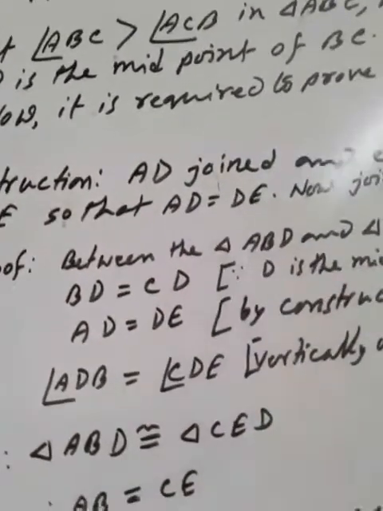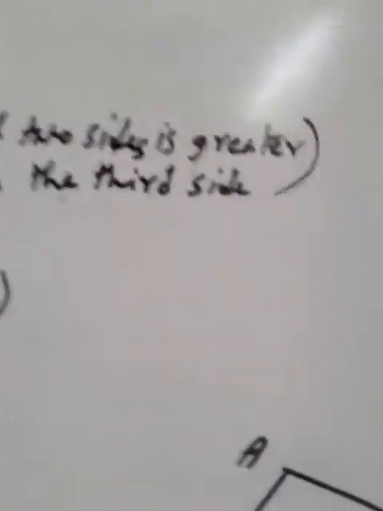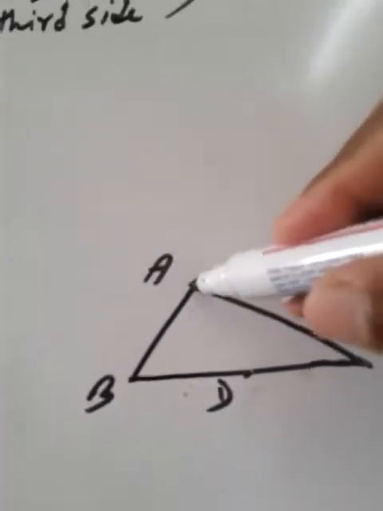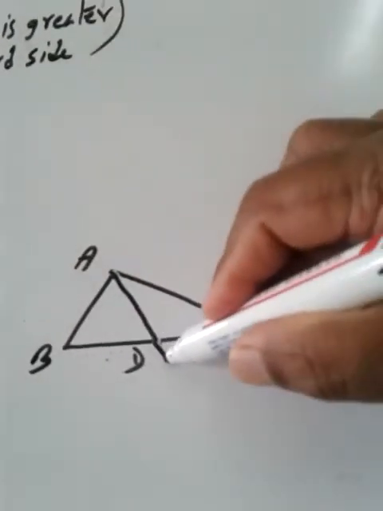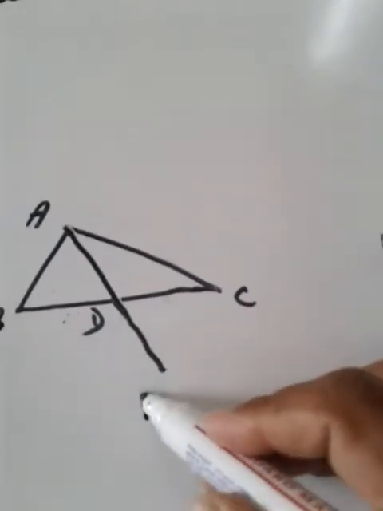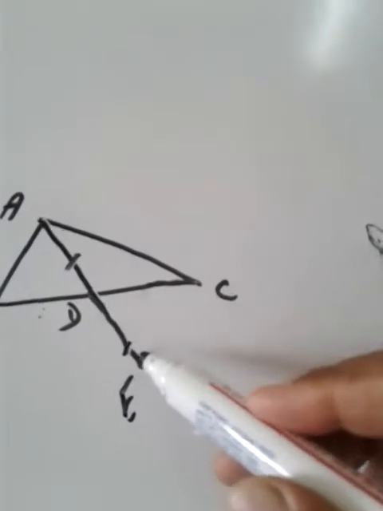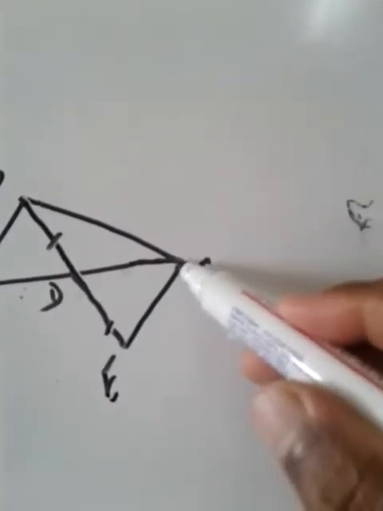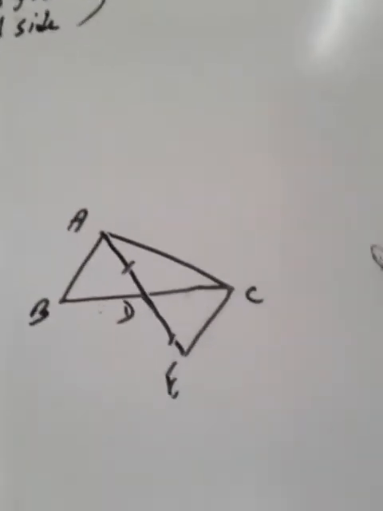Construction: join AD and extend it to E, so that AD equals AE, and join CE. This is the construction.